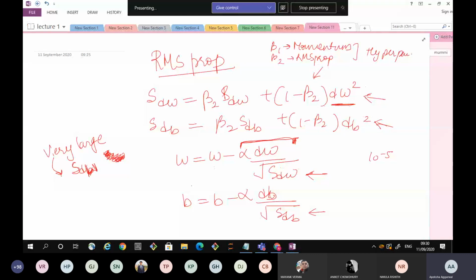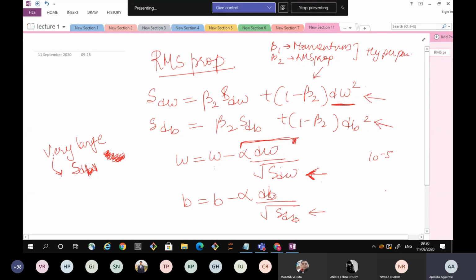That is why, to avoid the explosion of the denominator, which would reduce the term to 10 to the power minus 5, we do the square root. There are so many multiplications that SdW or SdB can reach an extremely large number.